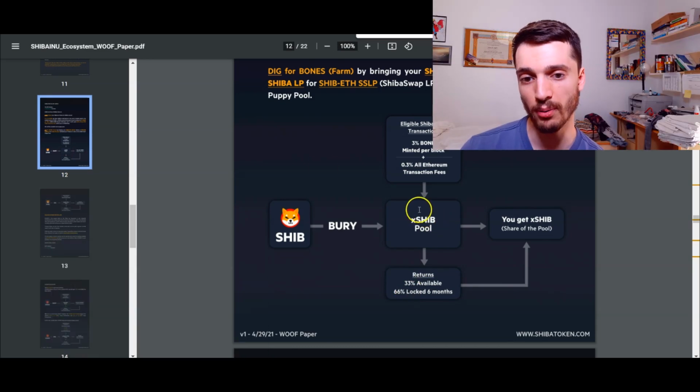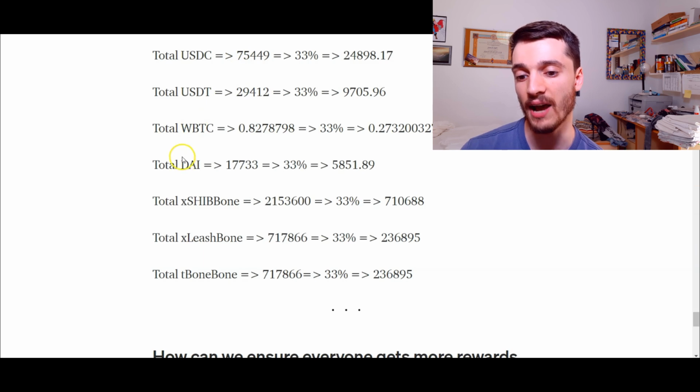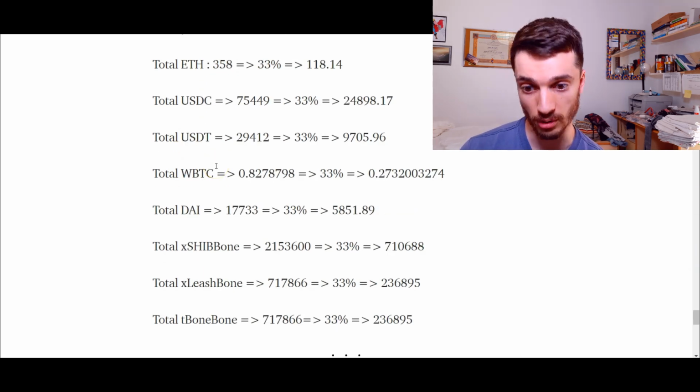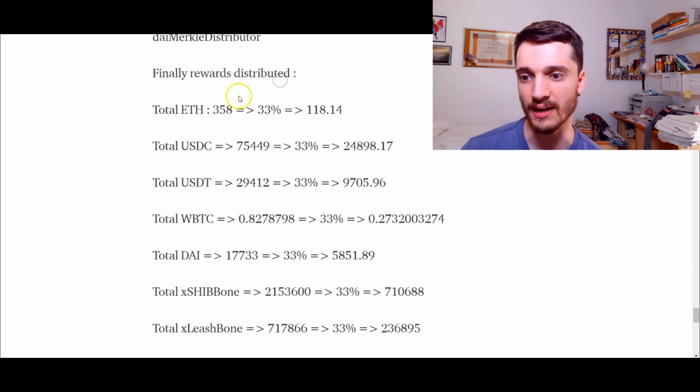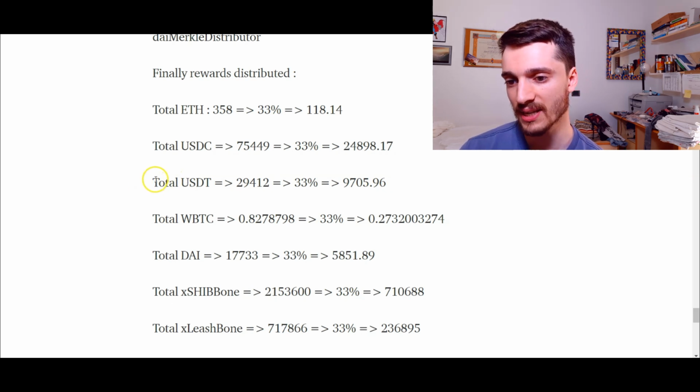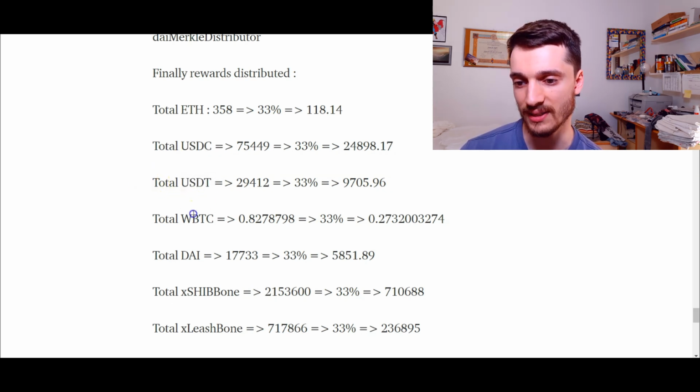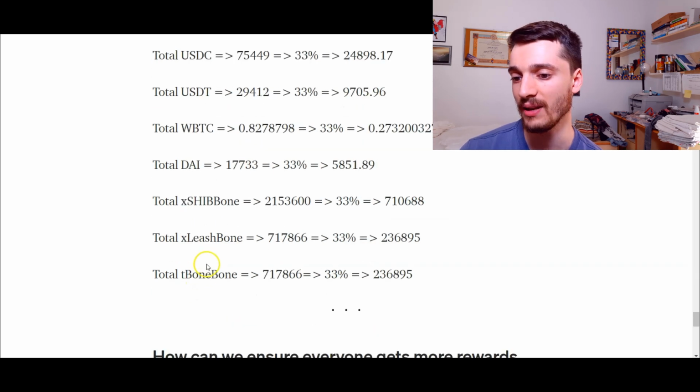That is very important, because they've now recently, as I told you 2 days ago, showed us that they've started the reward process. And these are the rewards that you see on the screen right now. That's how much Shiba token and all the other pairs that are available on Shiba Swap. That's basically what we have now. So we have USDT, we have DAI, we have Shib, Leash, and Bone.